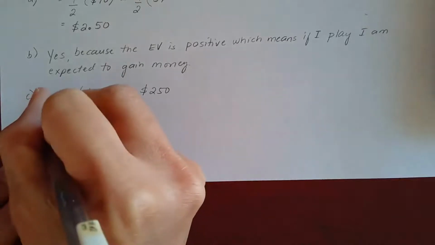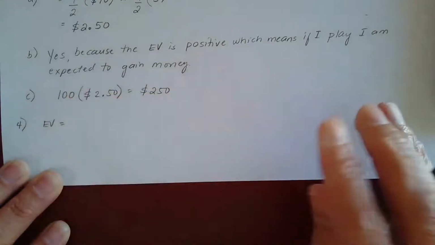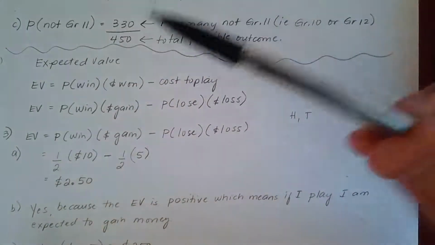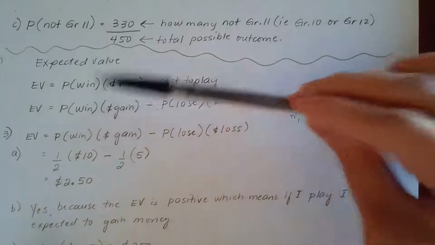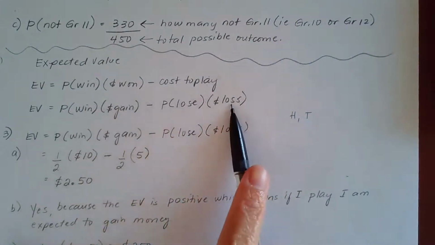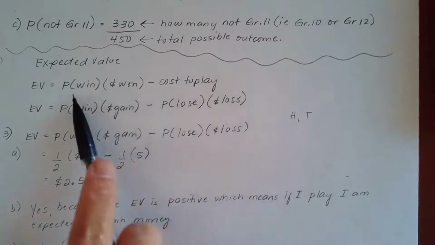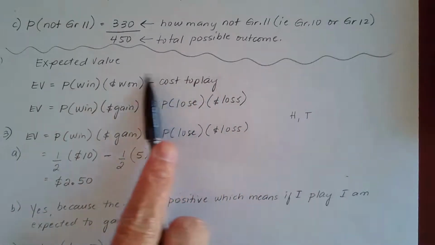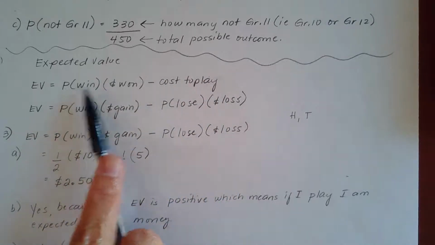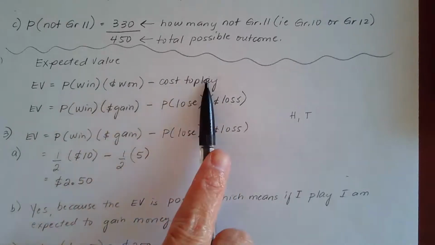So again, this is an expected value. So I'm going to bring this up here. Which formula can I use in here? Well, it sounds like it's this one, because if I win, this is how much I'm going to gain. If I lose, then this is how much money I'm going to lose. Whereas this one here, they don't mention that information, right? It just says probability of win times gain minus cost to play.